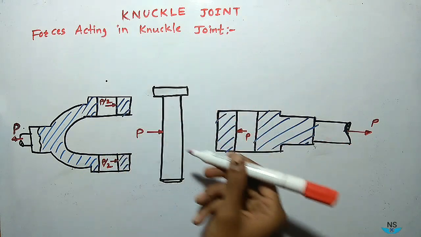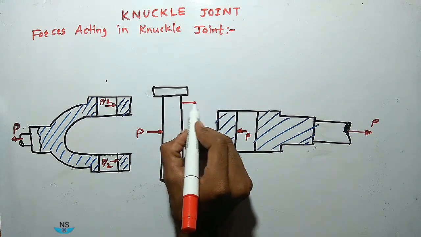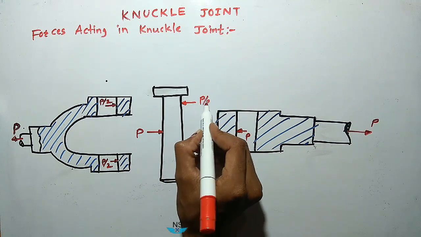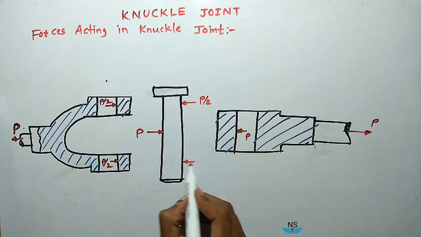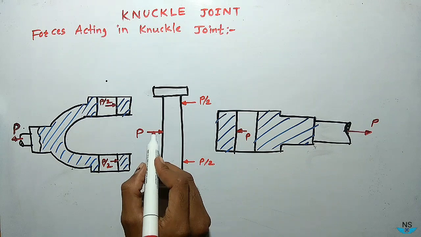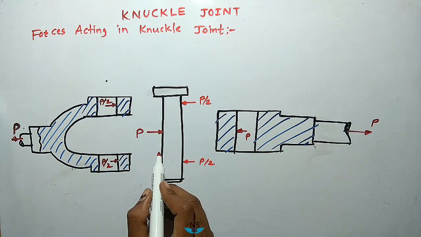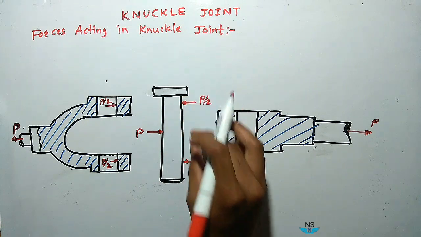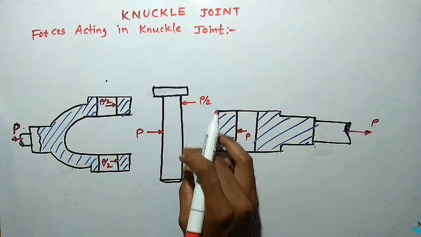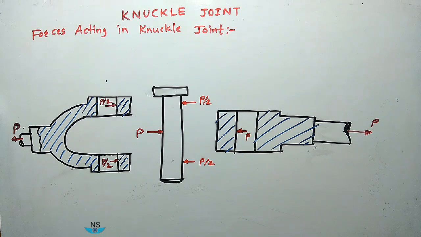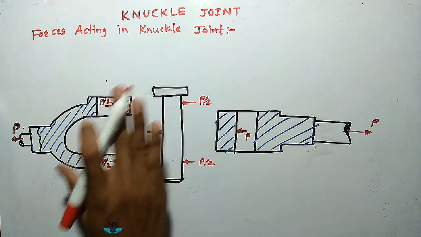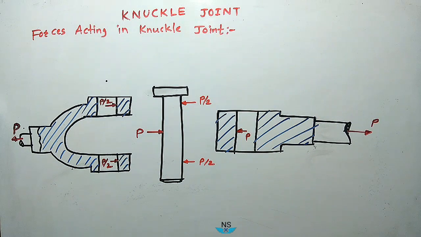Similarly, opposite forces will act on the pin also, that is P by 2 and P by 2. So this force will be uniformly distributed, and this will be a uniformly varying load, that is UVL. In this way, these are the forces acting in the knuckle joint, or force balance in the knuckle joint.